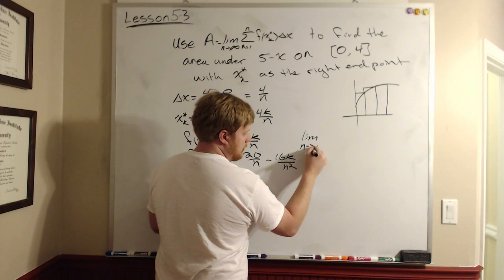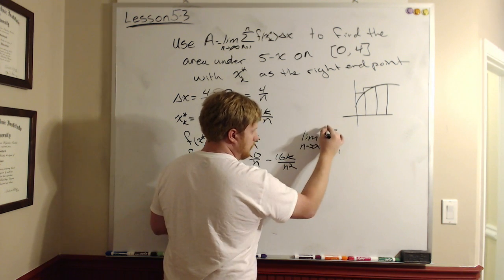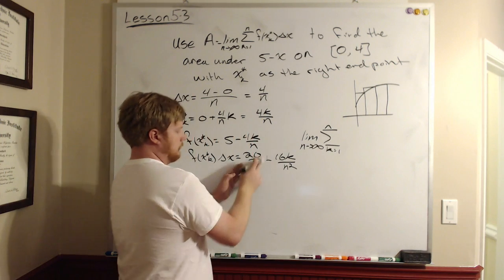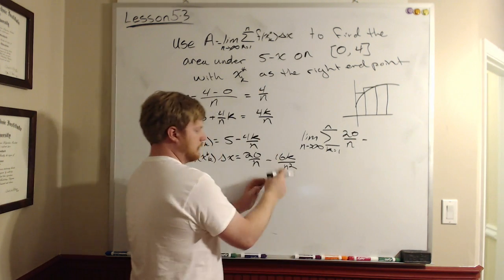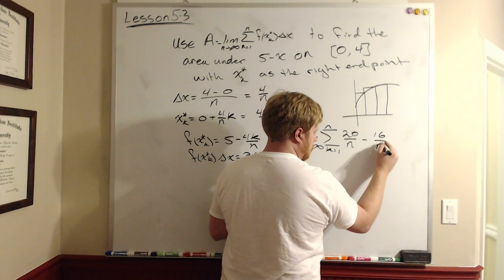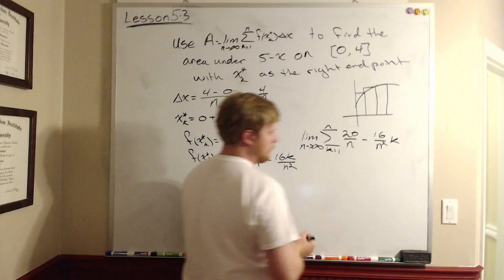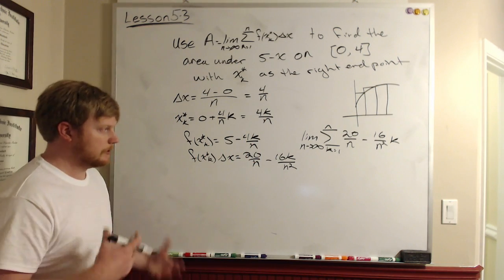I want the limit as n goes to infinity of the sum k equals 1 to n of 20 over n minus 16 over n squared k.